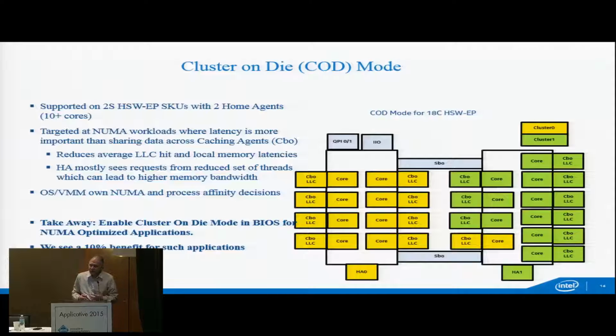This way, you save on Snoop traffic, and you get very good memory bandwidth. I remember Jeff telling me that he got about a 30% gain just from cluster on die, which is fantastic. But then he had a great application too. He knew just how to tweak the thing.